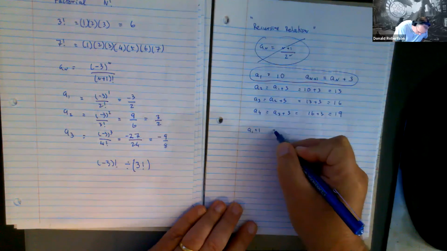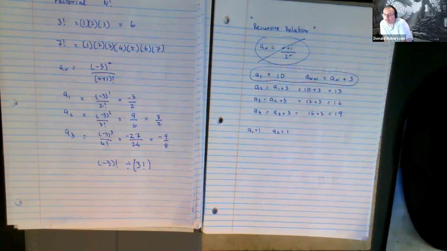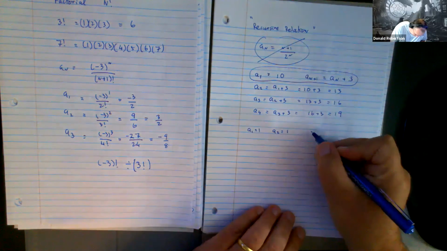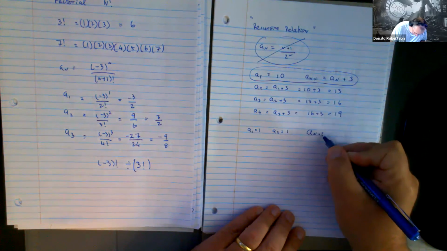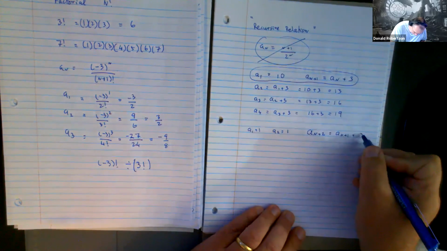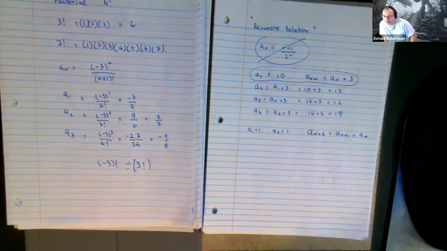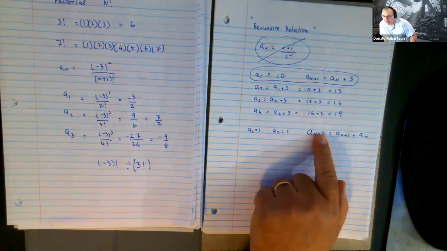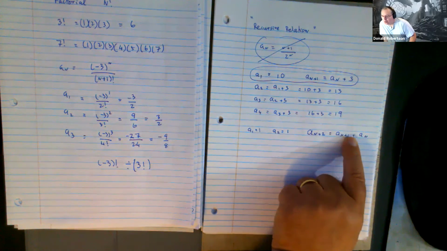And in these ones, you're given the first two numbers, A1 and A2. And they tell you the next number in the sequence is the one just before it, in this case, plus the one just before that.